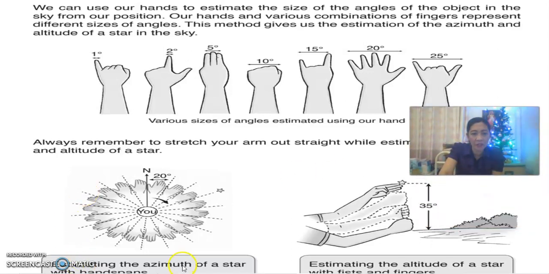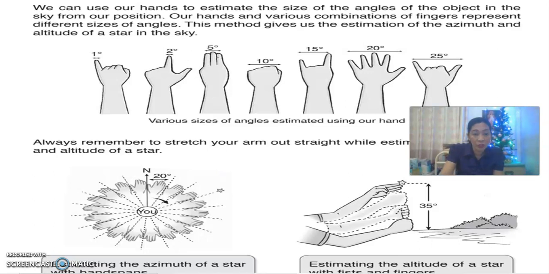Estimating the azimuth of a star with a handspan. This is the handspan. Every handspan is 20 degrees. So 1, 2, 3, up to 18.